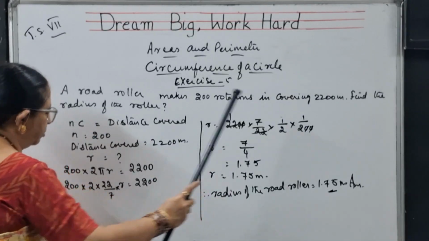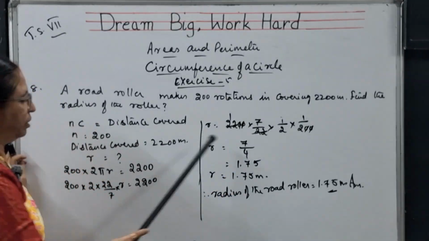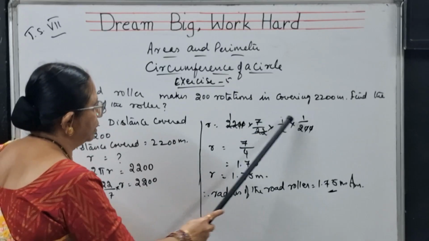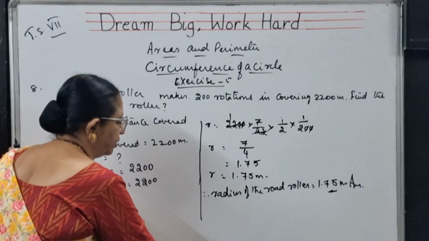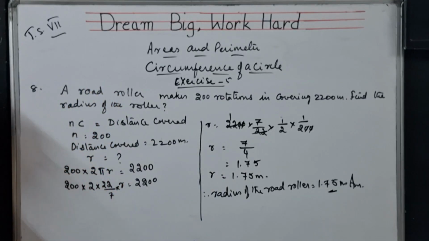Reciprocal of 2 is 1 by 2. Reciprocal of 200 is 1 by 200. So zeros will get cancelled. 22 ones are 22. So 7 by 4 you are getting. That is 1.75. So radius of the road roller is 1.75 meters. Please note it down, children.